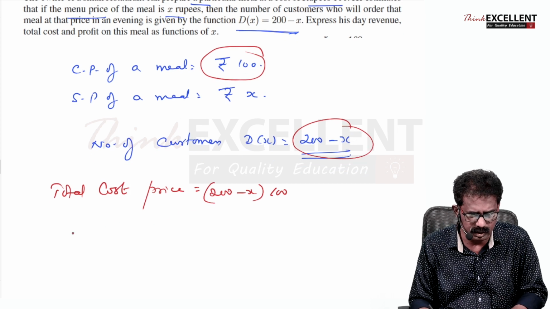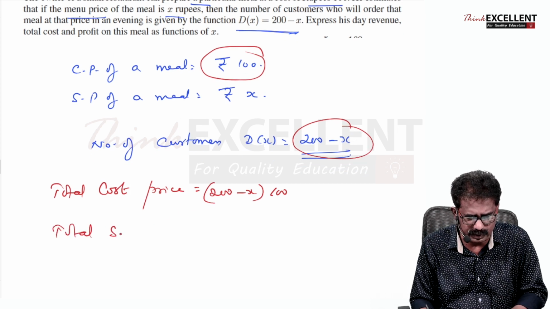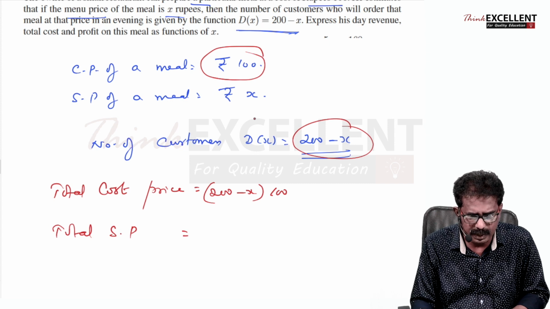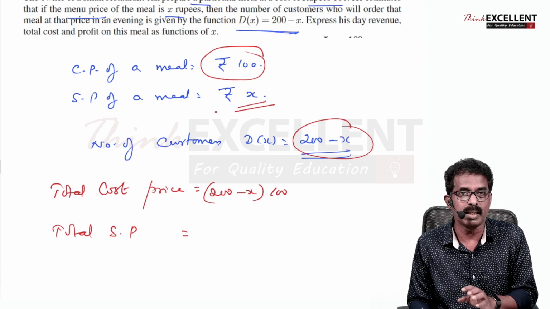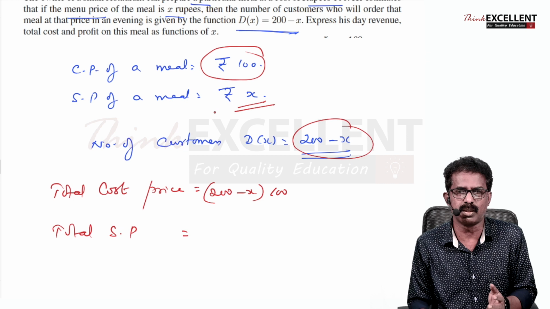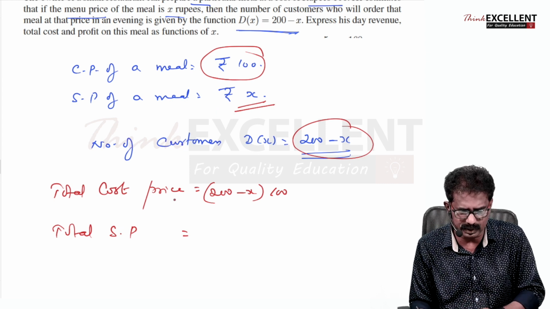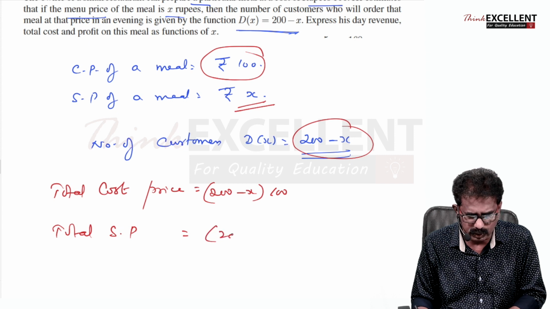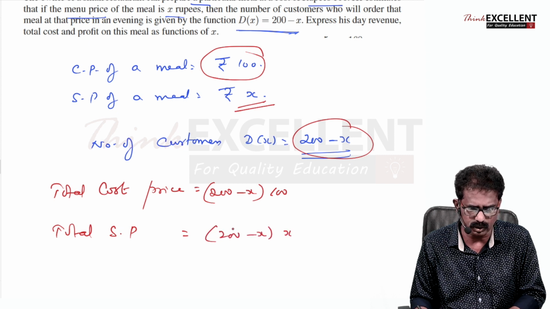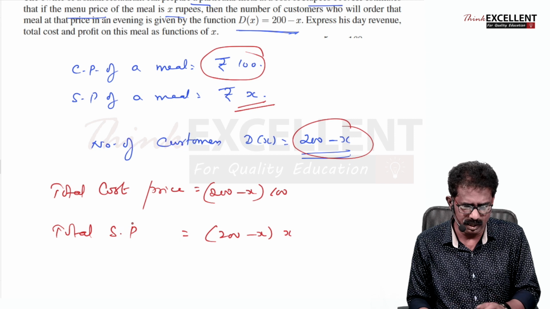Then total selling price. For one meal, the selling price is x. So number of customers, suppose 20 customers means 20 into x. Okay, total selling price. So here 200 minus x customers, so 200 minus x into x. So now you know total selling price and cost price.